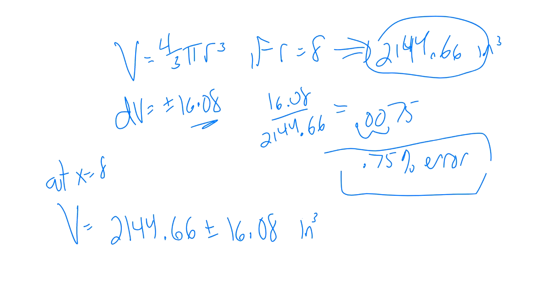That means there's a possibility of this much error in the volume. And again, it seems like a lot, but it's only 0.75%. So we'll do one more example of this type of problem, the last type of propagated error problem.